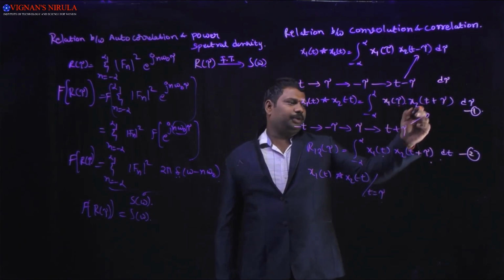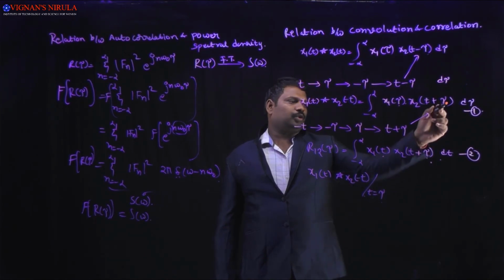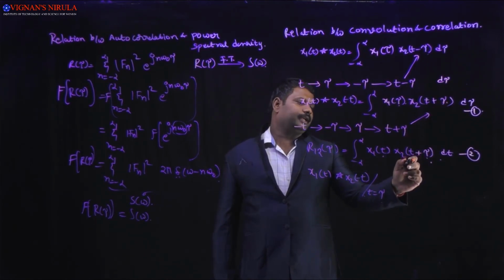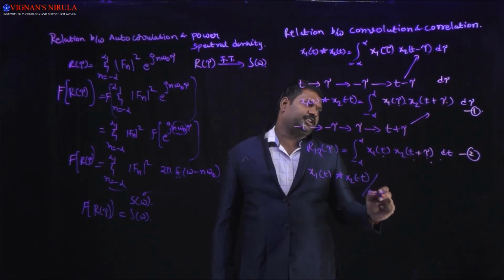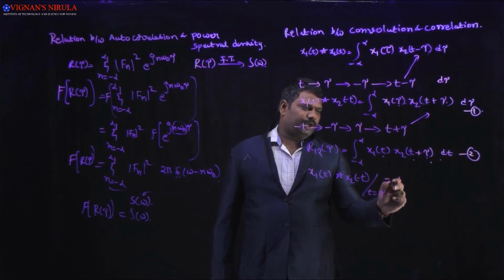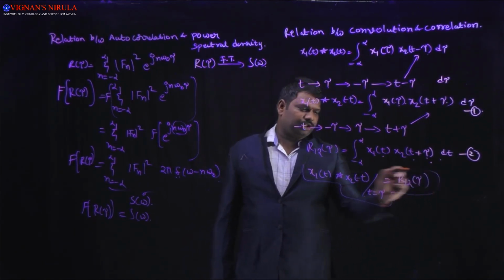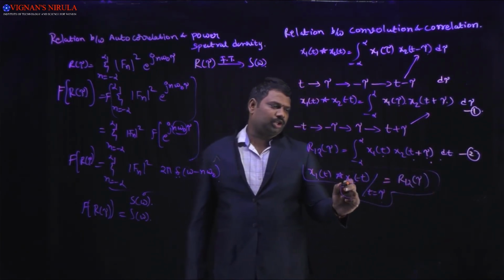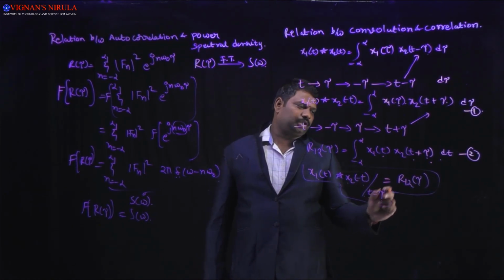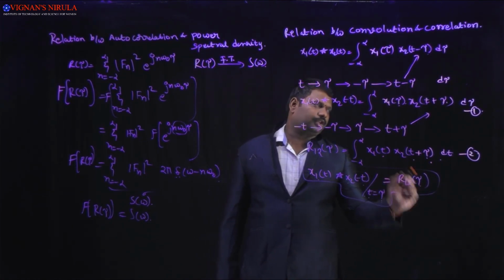Here also t will be replaced by tau and the tau will be replaced by t. Therefore we get these particular equations, which is nothing but our R12 of tau. That is the relationship. The convolution between x1 of t and x2 star of minus t at t is equal to tau will be equal to R12 of tau.